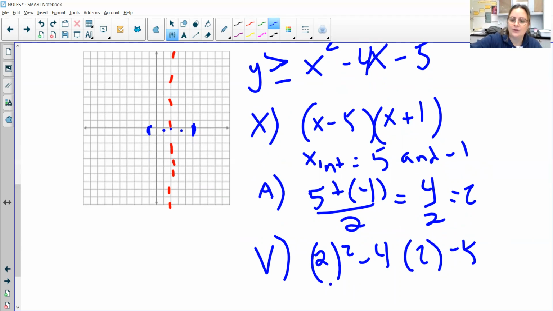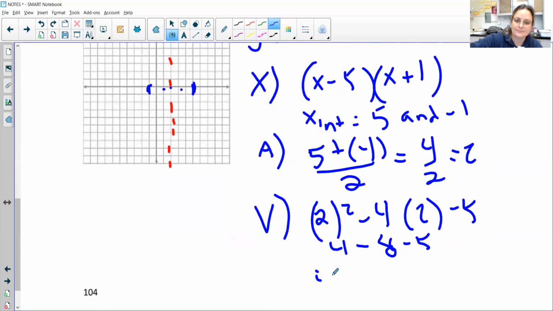So 4 minus 8 minus 5 is -9. So on this axis of symmetry, 1, 2, 3, 4, 5, 6, 7, 8, 9. Here's our vertex. It's a positive parabola, so we know it opens up.